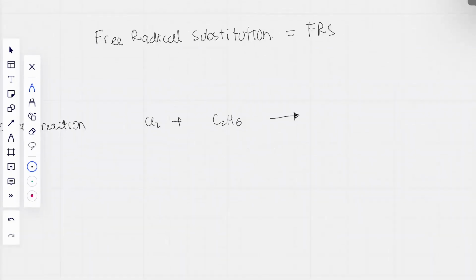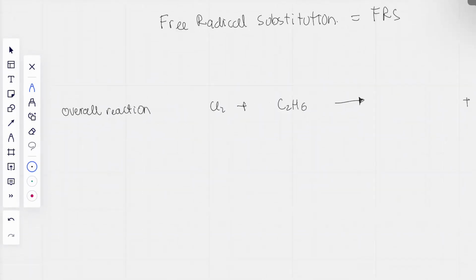Can you guess how it will produce? Write down and give the name.